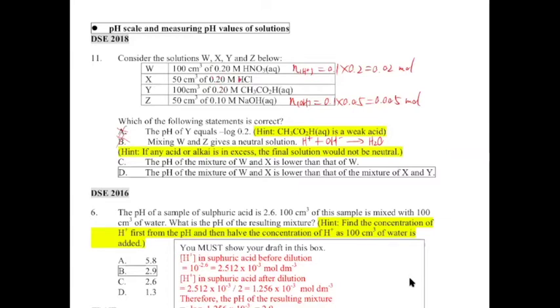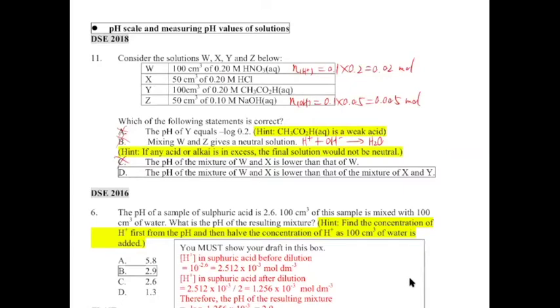So by mixing two solutions of hydrogen ion of 0.2 molar, we didn't change the concentration of the hydrogen ion, and it should stay the same, isn't it? So it will be the same, not lower, so that's wrong.